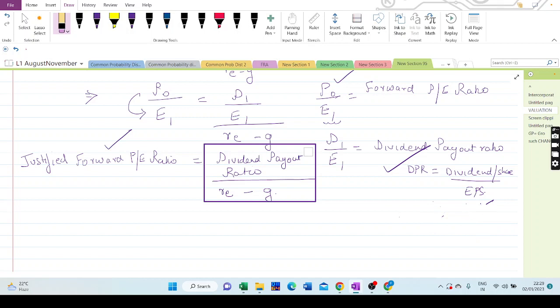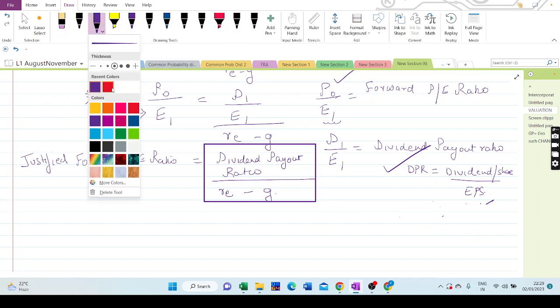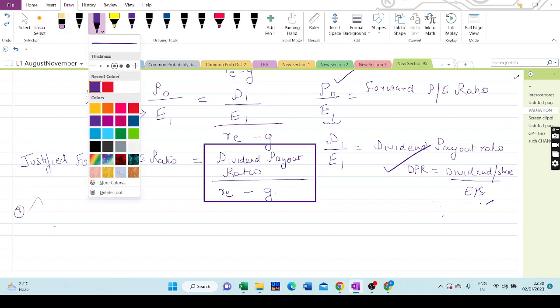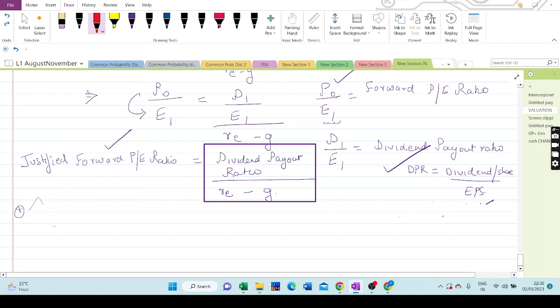Please note down, this is very important from the examinations perspective. बहुत ज़्यादा important है from the examinations perspective. एकदम ध्यान से लिखो. पहले please write down justified forward P ratio is the ideal forward P ratio that a stock should trade at given its fundamentals. Please repeat.